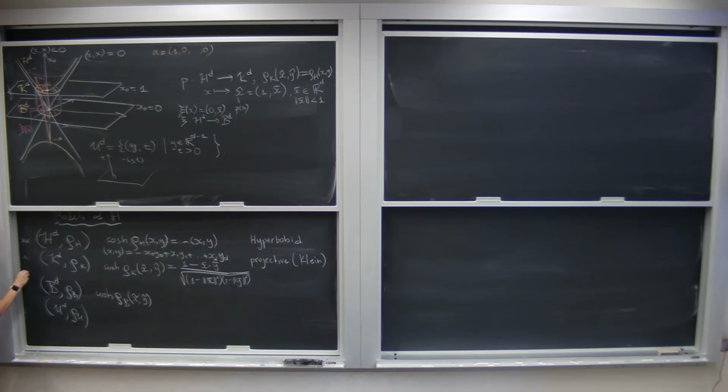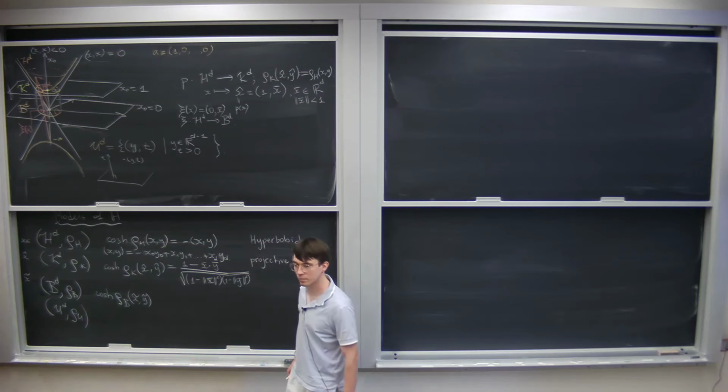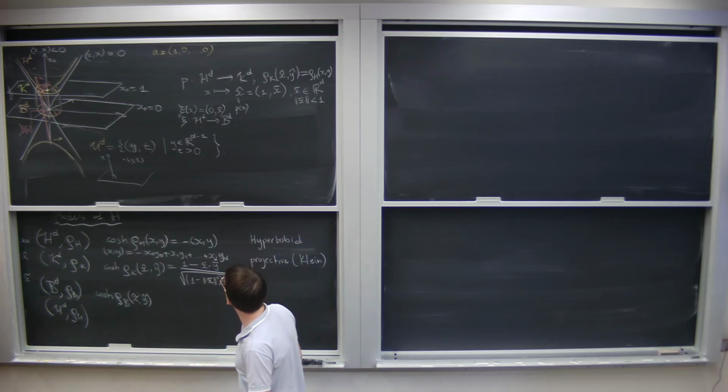Here I have x hat, and here I have x tilde. So the x bar used to define the Klein model and the x bar used for psi are not the same thing, right?